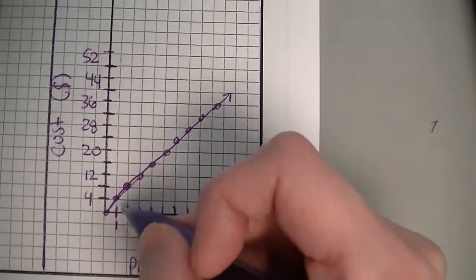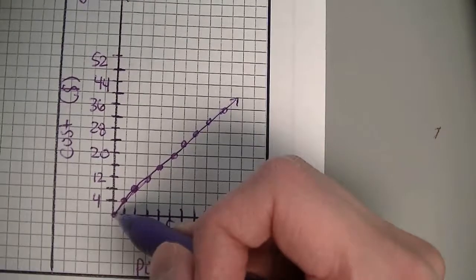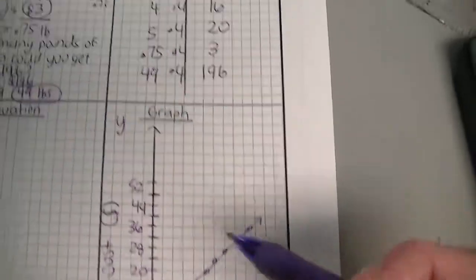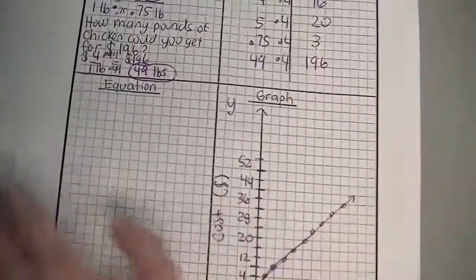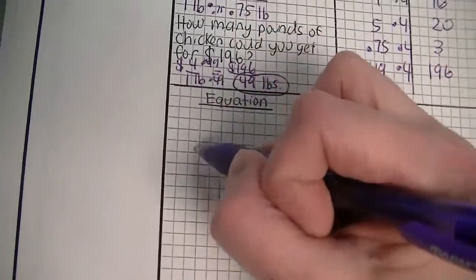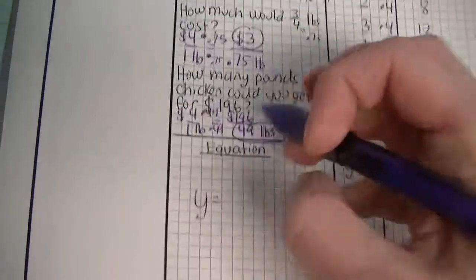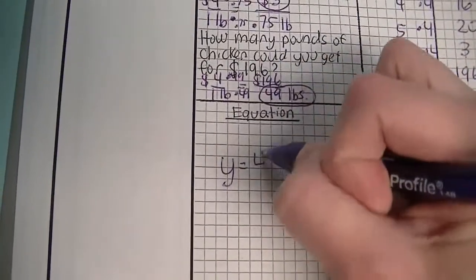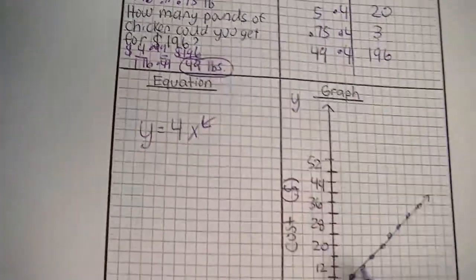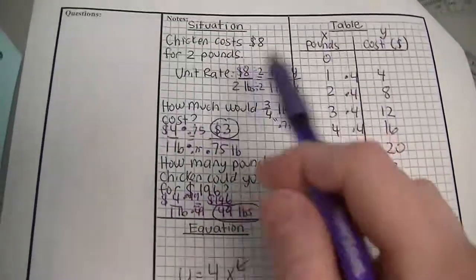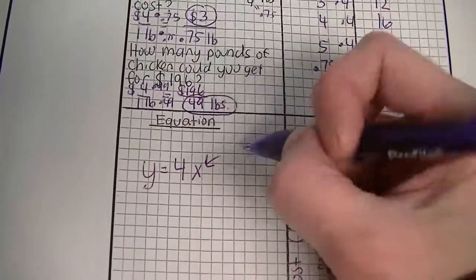Okay, so this line should be linear, and it crosses through the origin because this is a proportional graph to represent the proportional table to represent the proportional situation. And this equation is going to be a proportional equation. So it's going to be y equals unit rate times x. The unit rate was 4. X represents pounds. If you forgot, you can look at your graph, your table, or your situation.